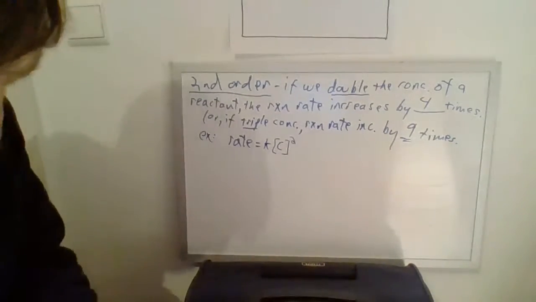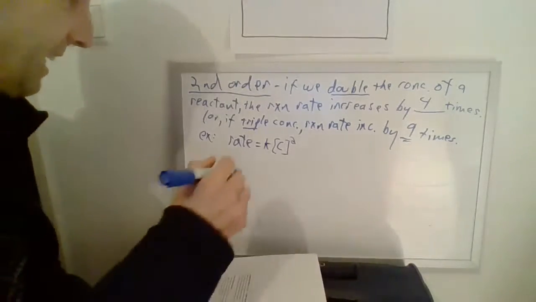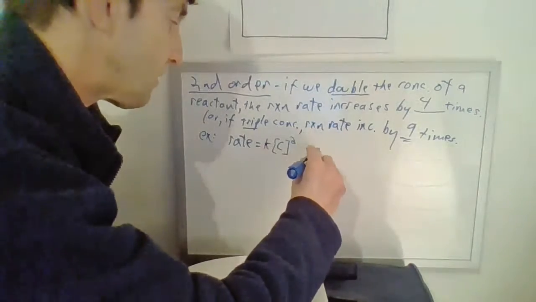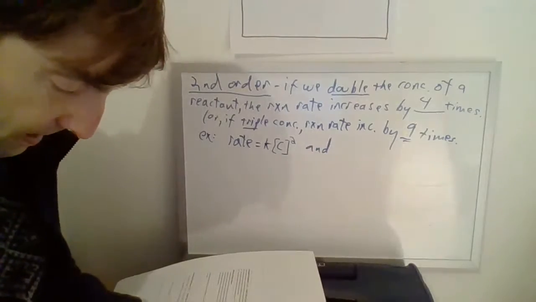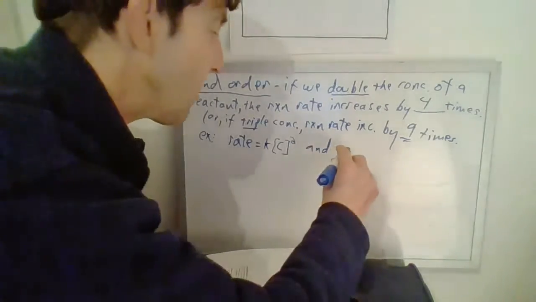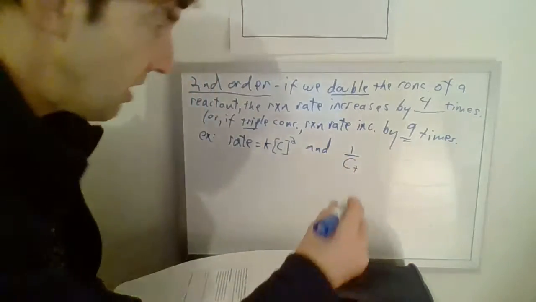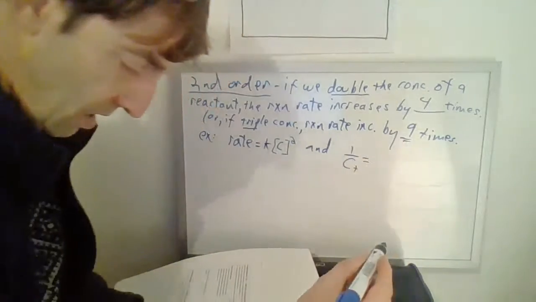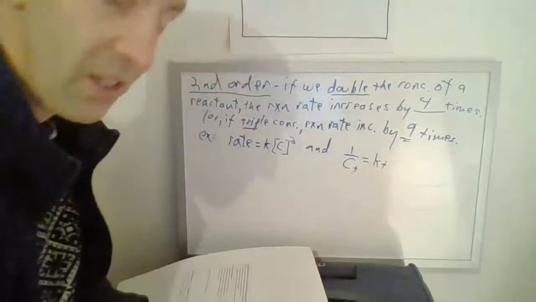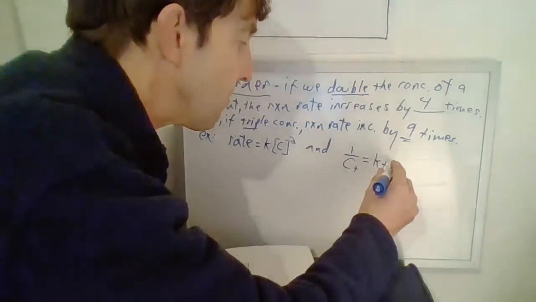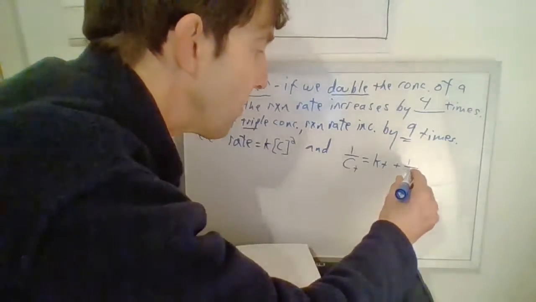Let's get the nuts and bolts out of it. The equation, called the integrated rate equation, to get numbers is 1 over C at time t equals kt, no minus this time, plus 1 over C original.